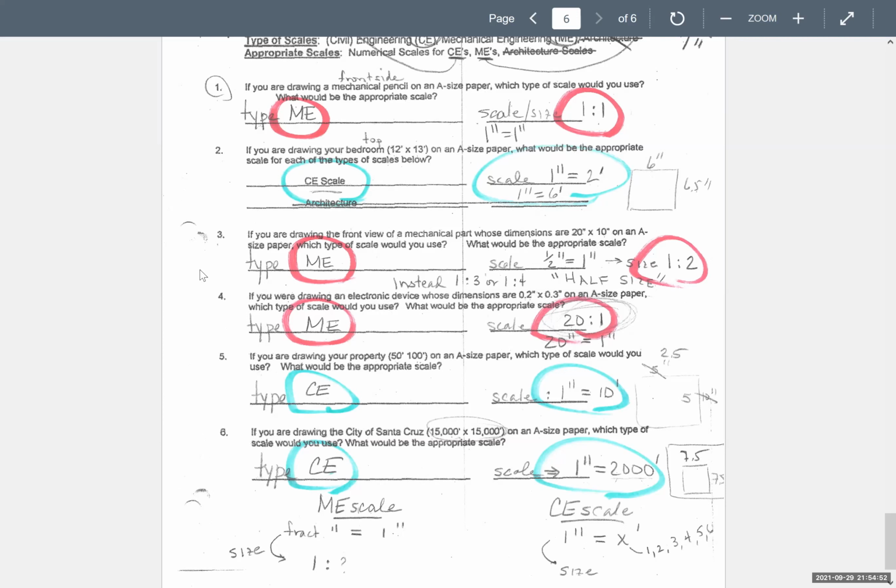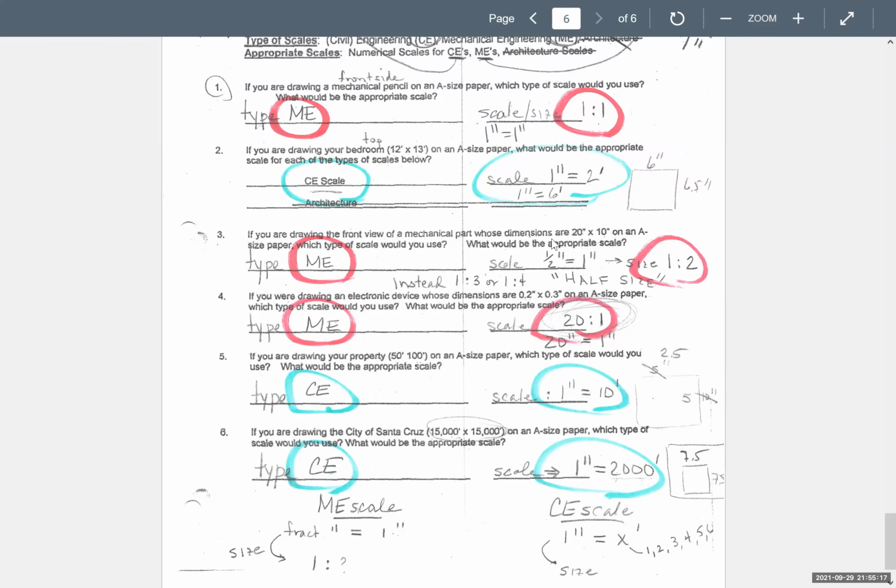Okay, Gillian, how did you determine whether they were a mechanical engineering or a civil engineering scale? I looked for whether the dimensions given were in terms of inches or feet. Great. So the ones that I circled in red, this was given as a mechanical pencil, which is in inches.